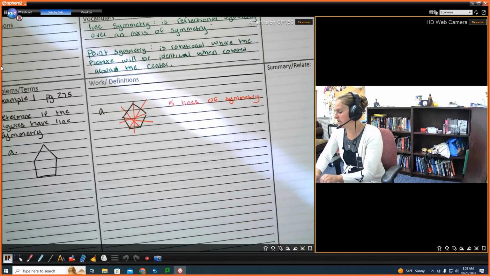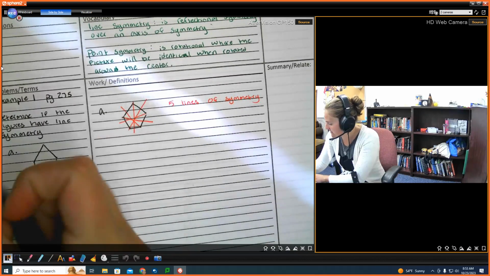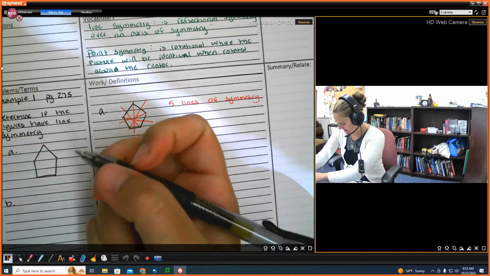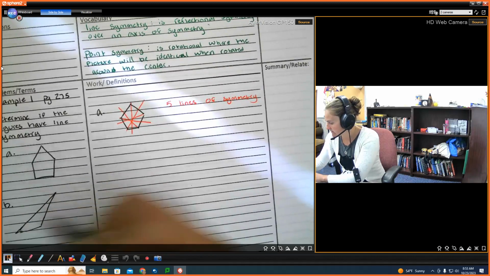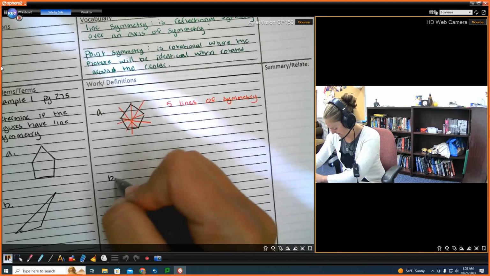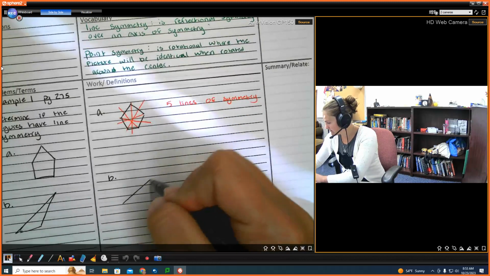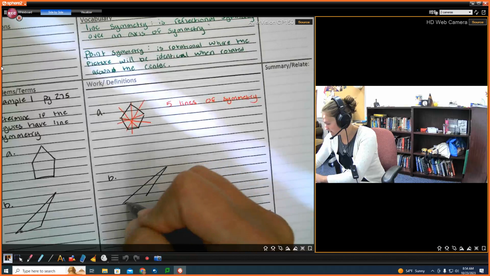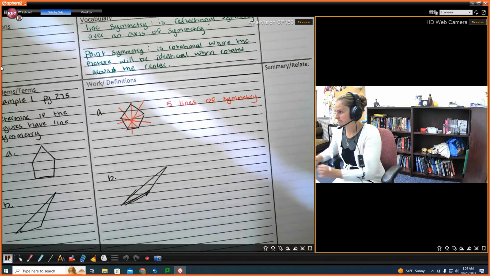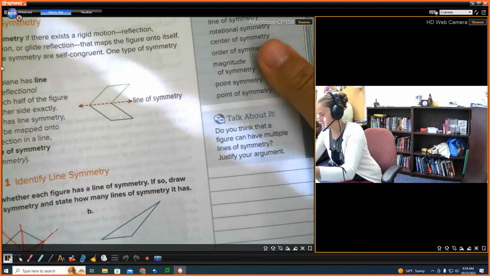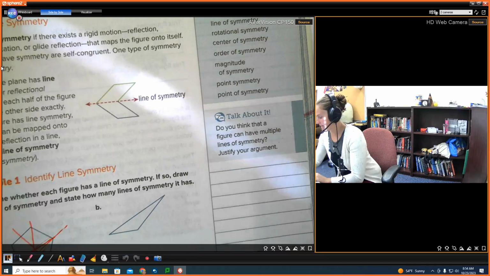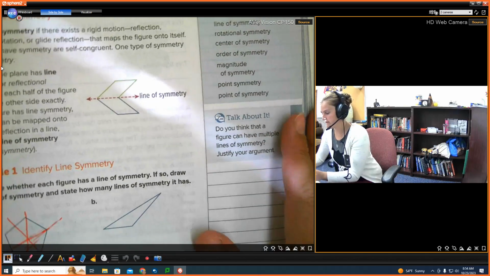Okay, so B, is B symmetric? How many lines of symmetry does B have?